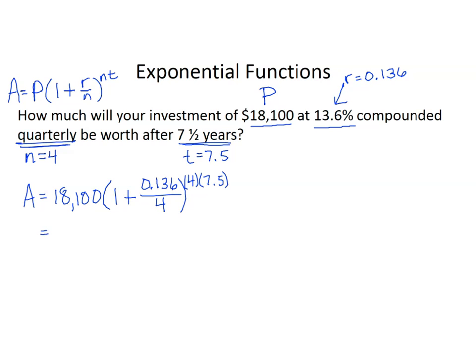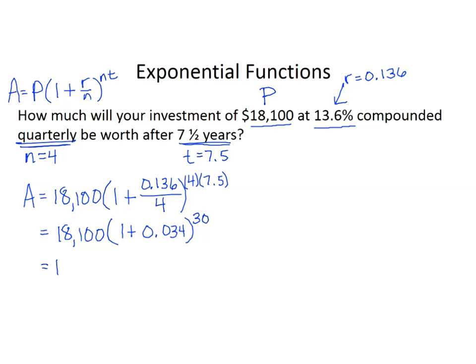All right, let's simplify this a little bit. Inside the parentheses, I'm going to do 0.136 divided by 4, and then I hit equals, and I get 0.034, and then 4 times 7.5 is 30.